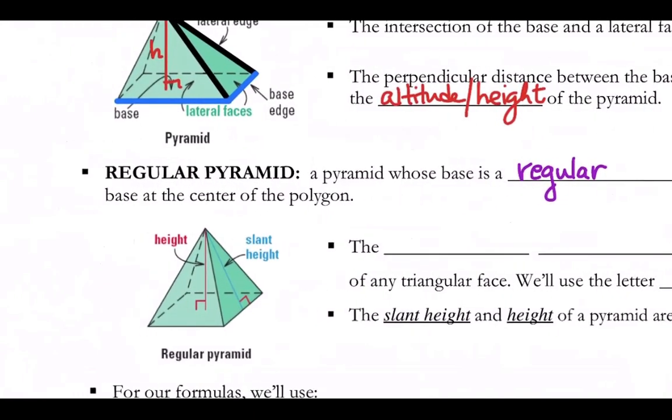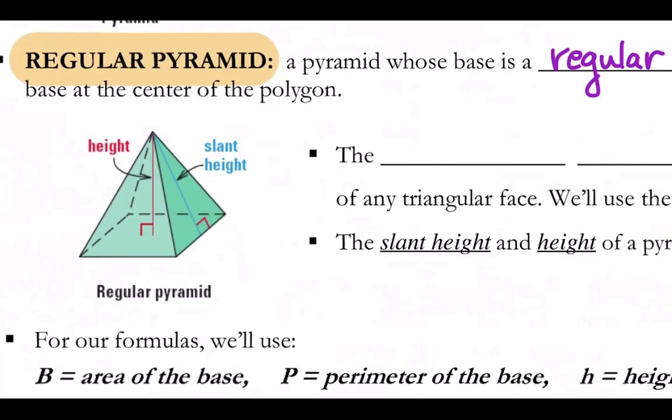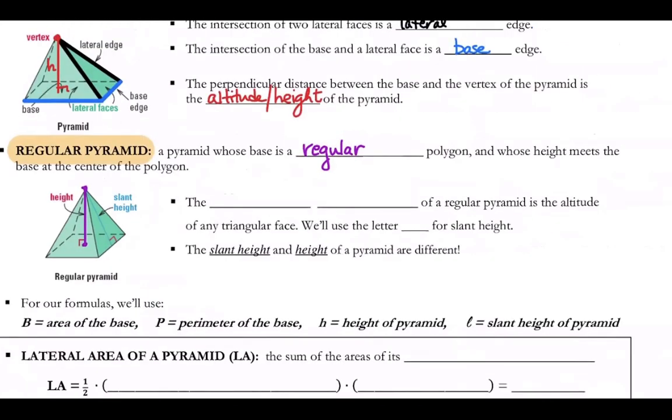So a regular pyramid is a pyramid whose base is a regular polygon. And when you drop down the altitude here, that'll be the center of the polygon. So basically the vertex is directly above the center of the base polygon.